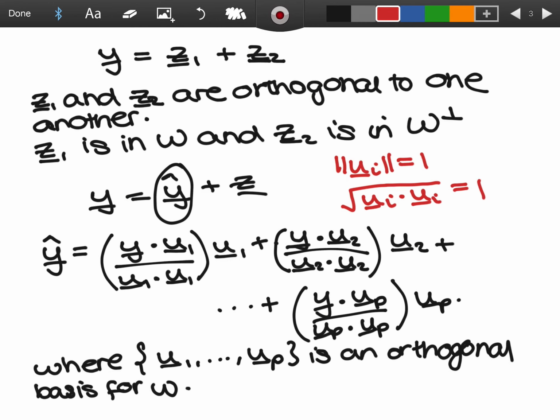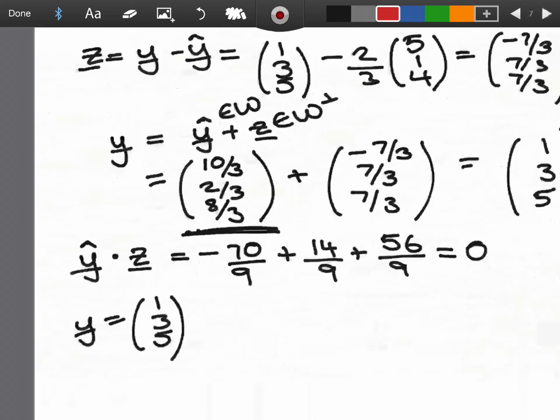So if the magnitude of the vector equals 1, that must mean that ui dot ui must be 1. So if my basis u1 through up for W is in fact orthonormal, then each of these denominators is going to simplify to 1. So my formula will reduce down for Y hat.